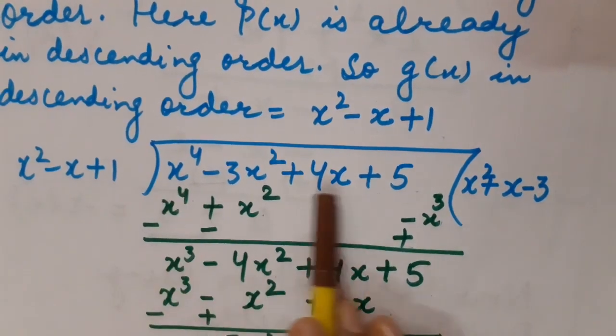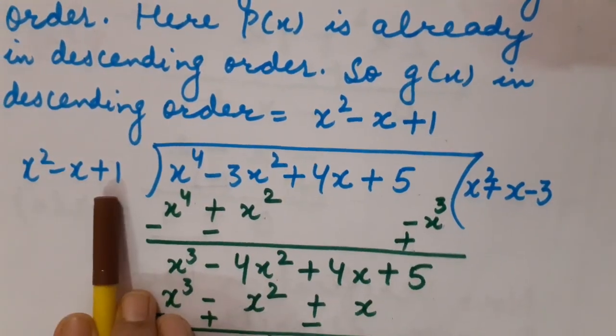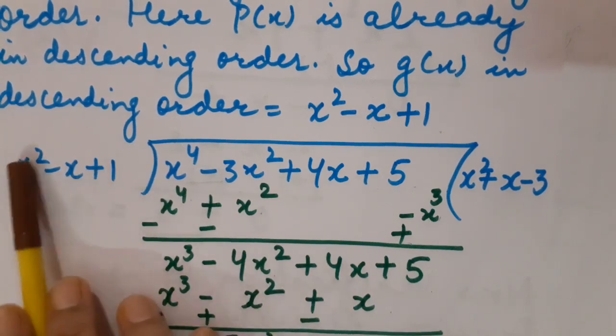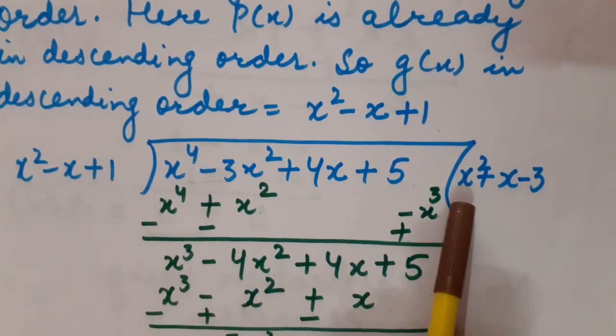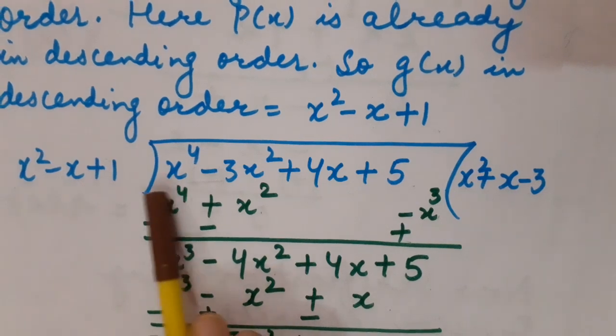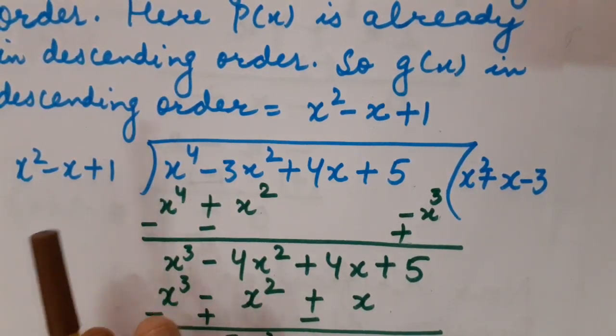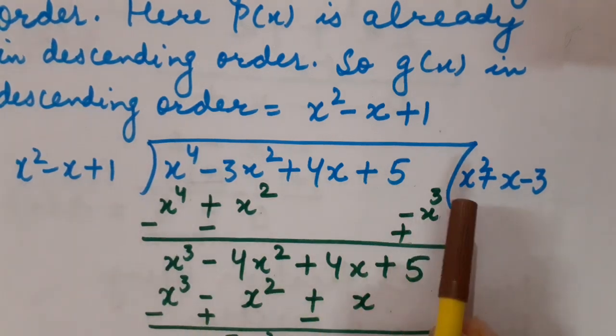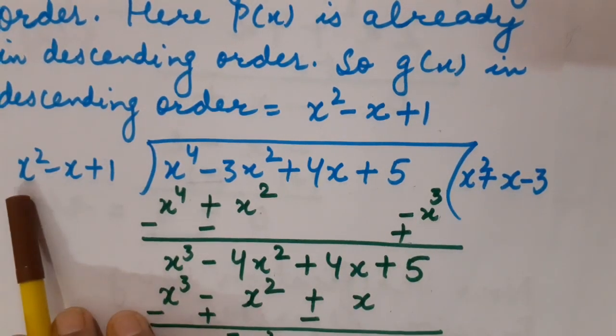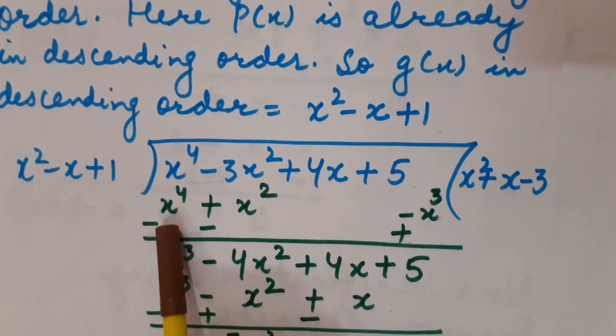Now children, we are going to start the division process. This is complete px. This is gx. Now I am going to multiply complete gx by x square so that I can get one or more than one term which I can eliminate after changing the sign, after subtraction. Correct? So x square multiplied by x square, I have got x raised to the power 4.